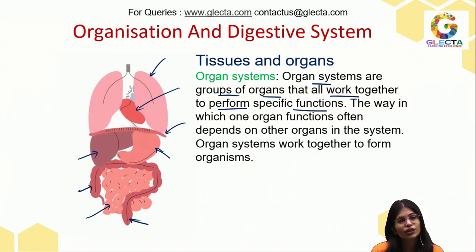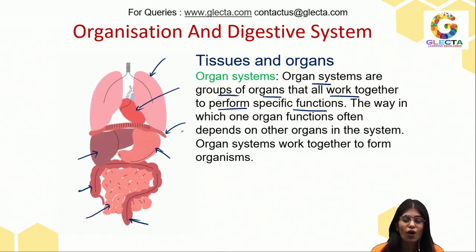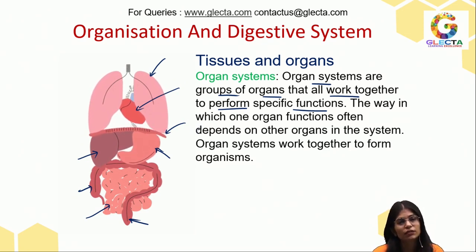So almost all the organs are present except there's no food pipe that you can see, there is no pancreas that you see, there are no kidneys or your reproductive system. But these are a lot of organs working together. All these organs working together for an organism is actually the system which is known as organ system.